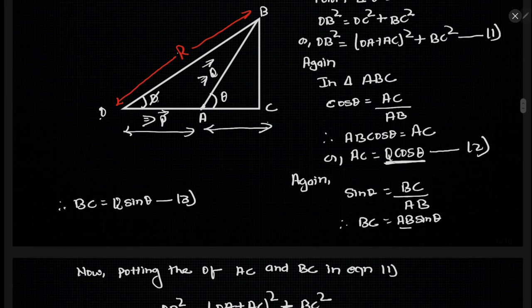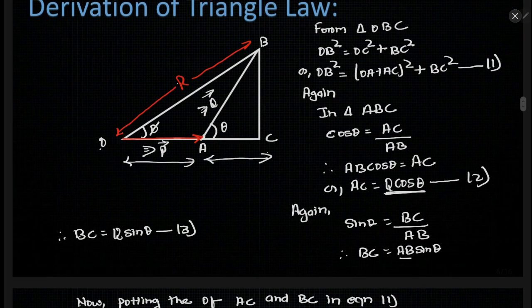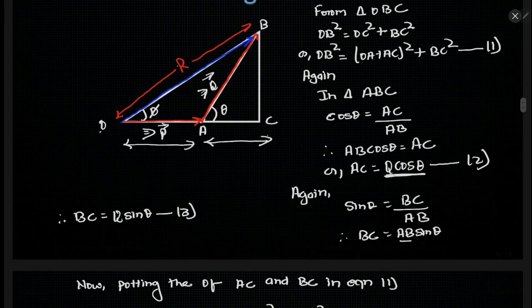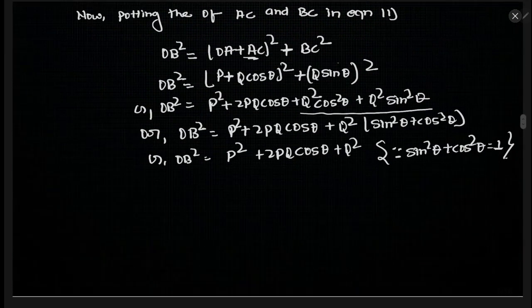Let's recall the triangle law of addition. Here we have this as vector OA and this as vector AB, then this vector OB must give us the resultant. So we can say OB is our resultant.